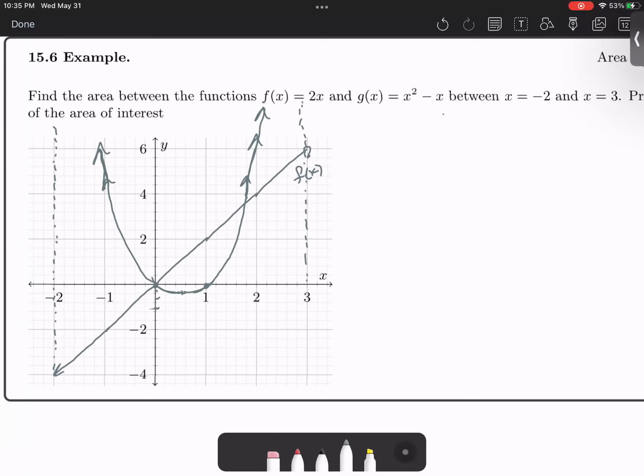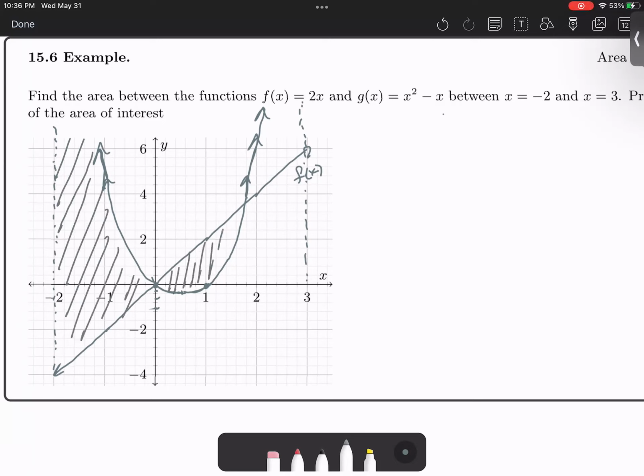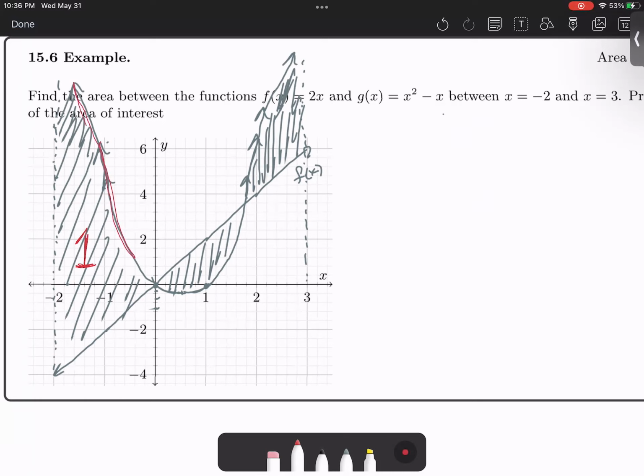Let's see. If we want to find this area, right, because eventually that area is bounded. Okay, so notice here in area 1, it's the square function that's on top.